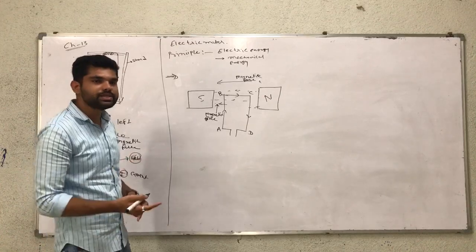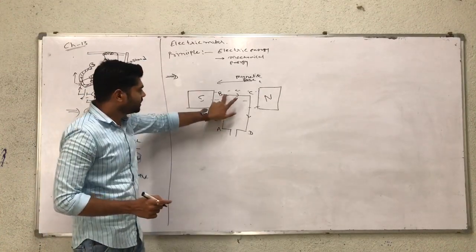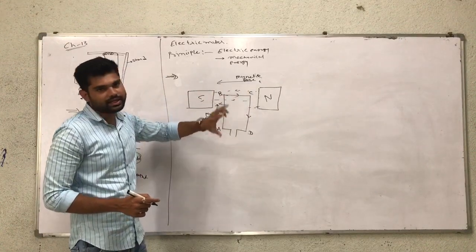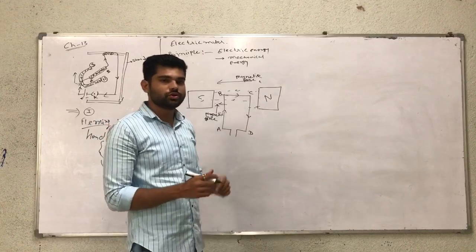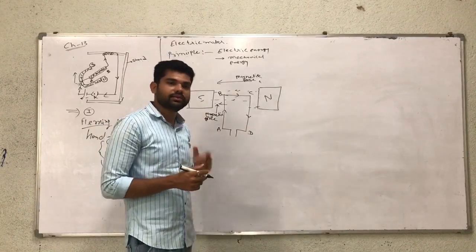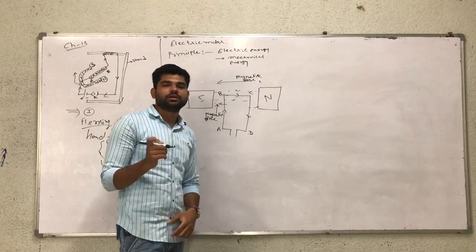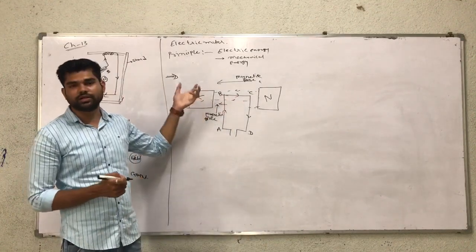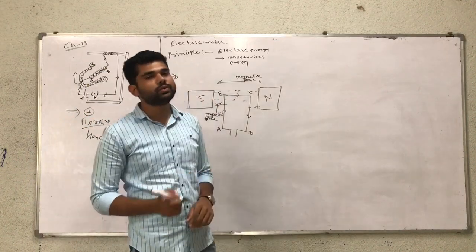Now consider side BC. For side BC, we see that a parallel line is created between the electric current and the magnetic field. Parallel means the electric conducting wire, the conductor's current direction, and the magnetic field direction are parallel to each other.